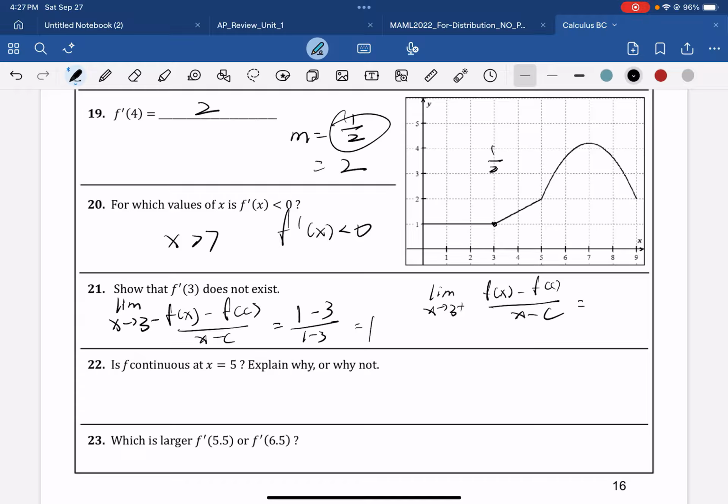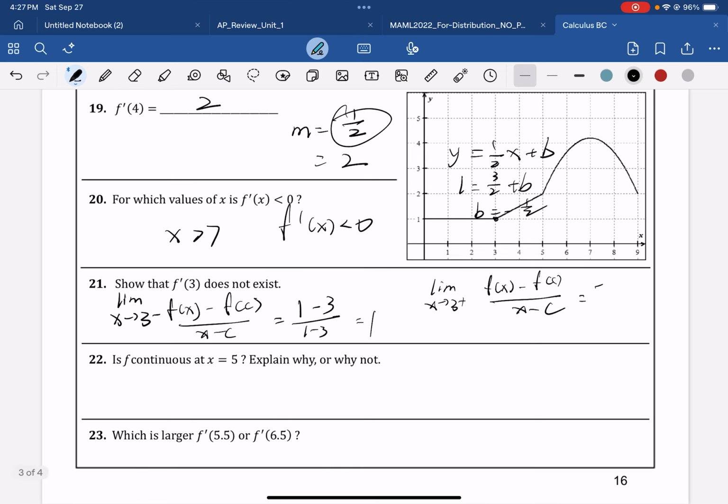When x is 3, the y value is 1. So 1 equals 3 over 2 plus b, so b is negative a half.